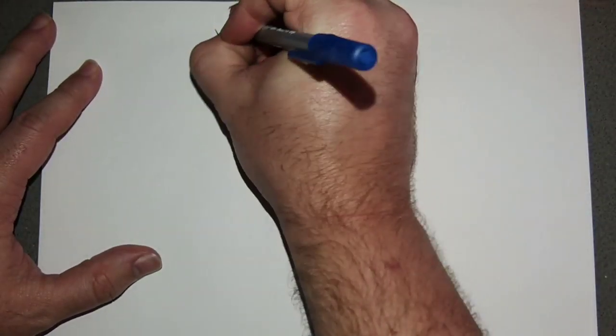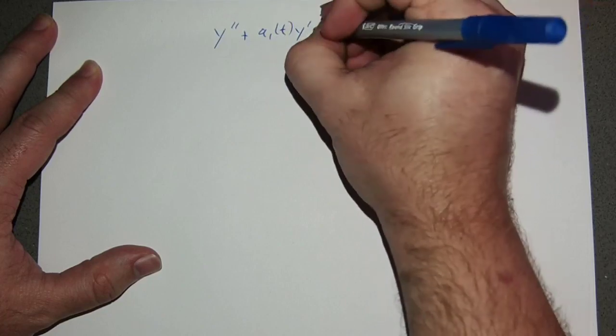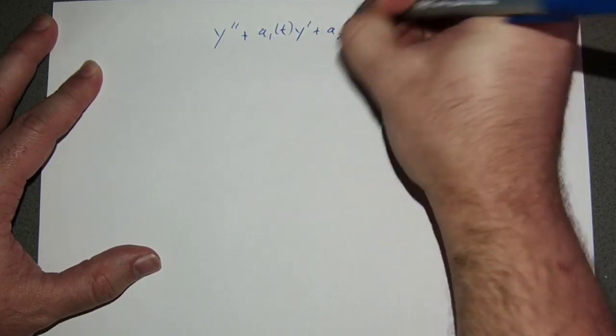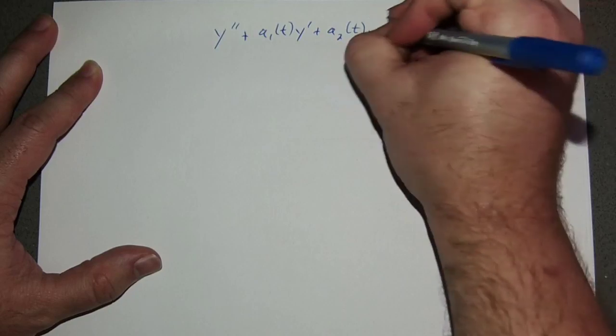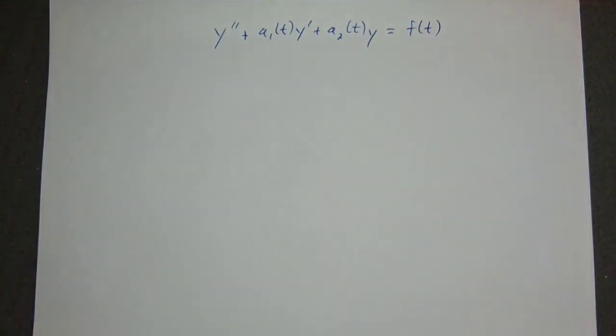There's a whole theory about Green's functions that's really beautiful, but we're not going to get into that. So again, suppose that I have the following second order equation. I'm not going to do variation of parameters or Green's function stuff for higher order, even though you can do that.